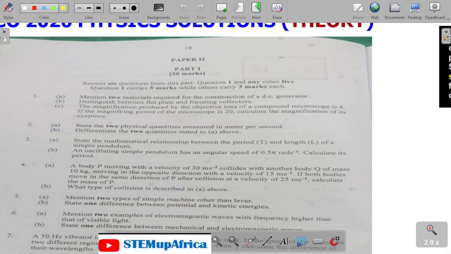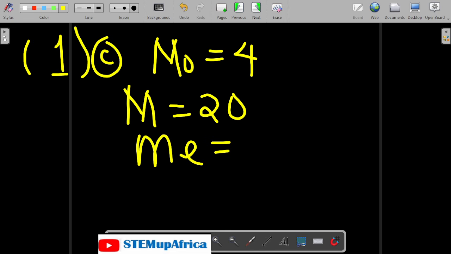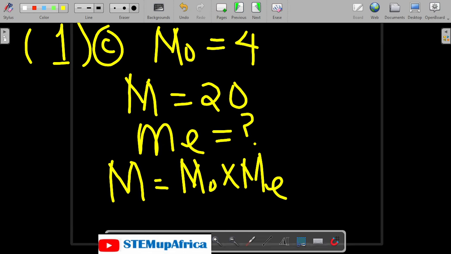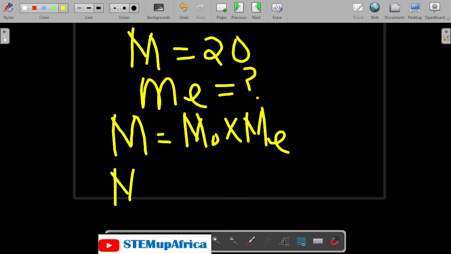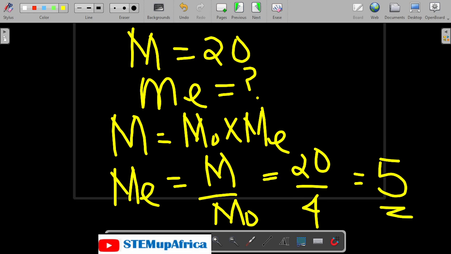Calculate the magnification of the eyepiece. We know that M is simply MO times ME. Therefore, my ME is M over MO, which is 20 divided by 4. The result will give us 5. So 5 is the answer. If you can answer question 1 correctly the way it is, you obtain your 5 marks.